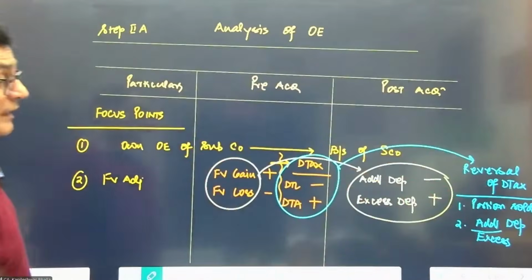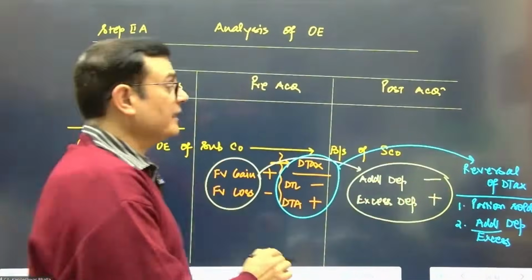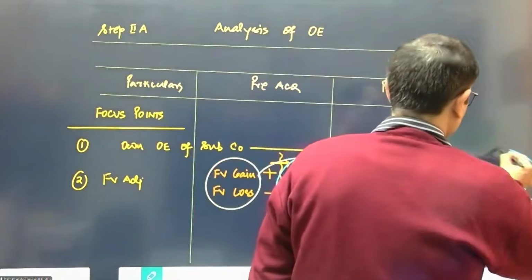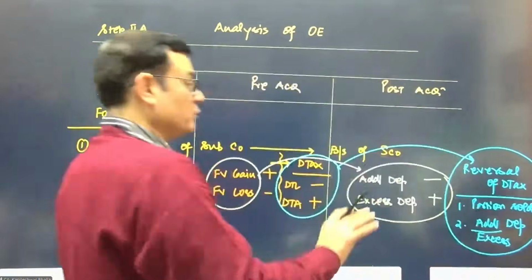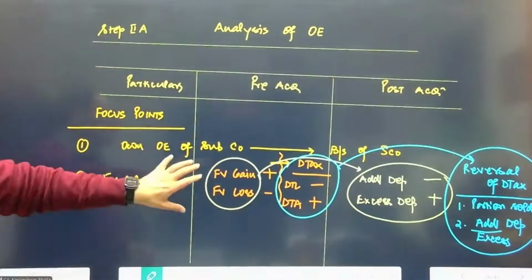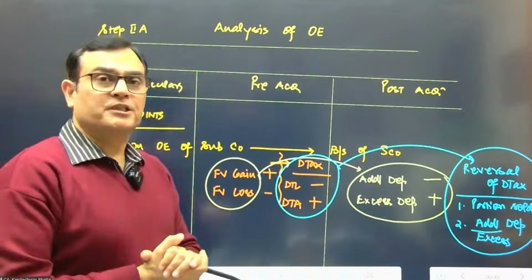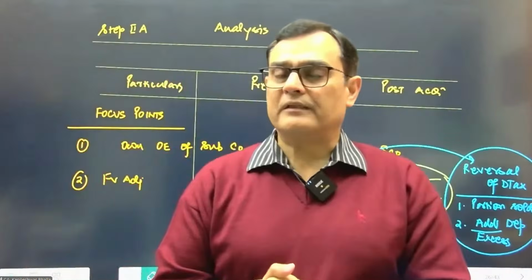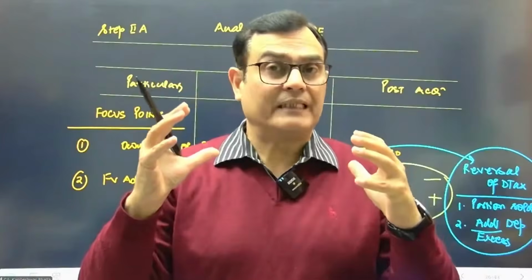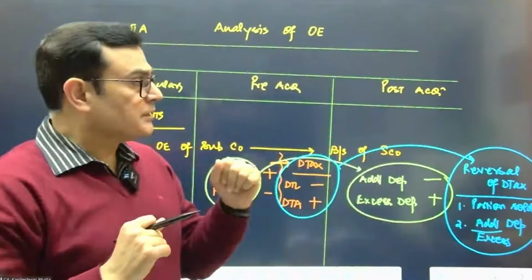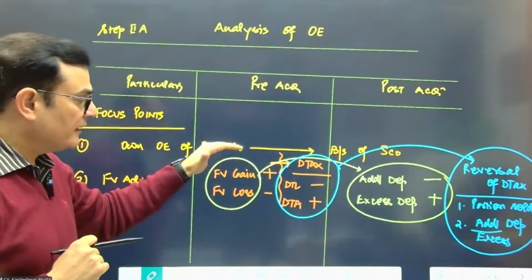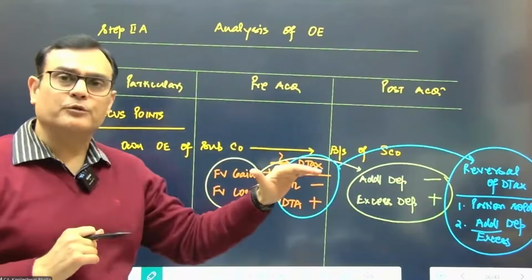So let me just connect the dots. This might be getting a little complicated, but I wanted to pen this down. So let's watch this. When you're looking at the fair value adjustments along with a deferred tax, your focus needs to be very clear. In terms of fair value adjustments, the fair value gain or loss is a plus or minus in the pre-acquisition column.